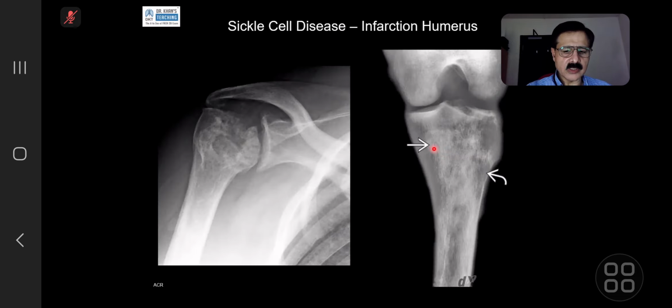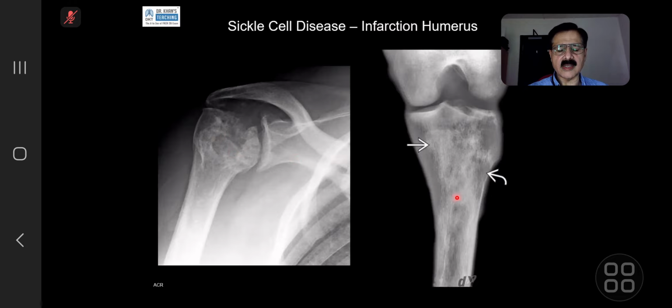Okay, other examples of avascular necrosis in sickle cell disease. Here you can see there is secondary OA. Look at the glenohumeral joint. It is completely irregular, and maybe a subchondral geode is present there.